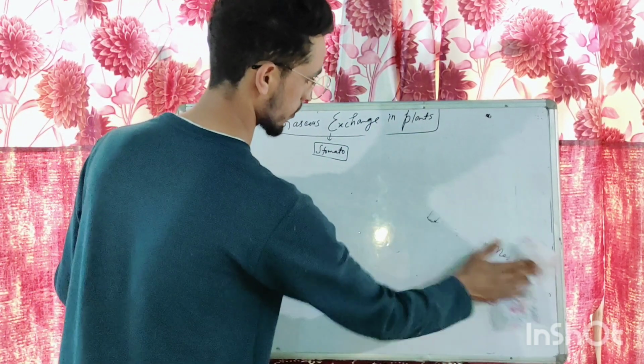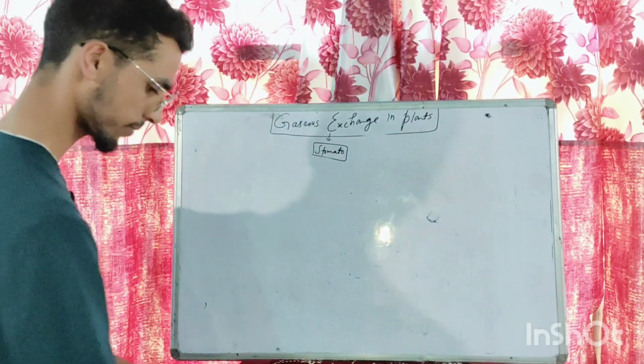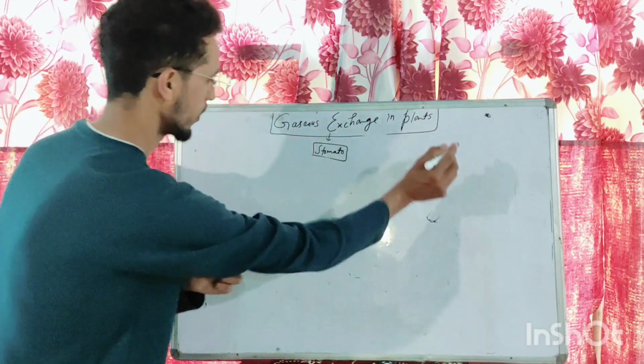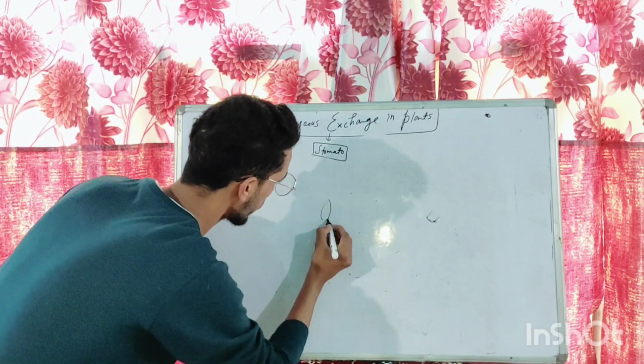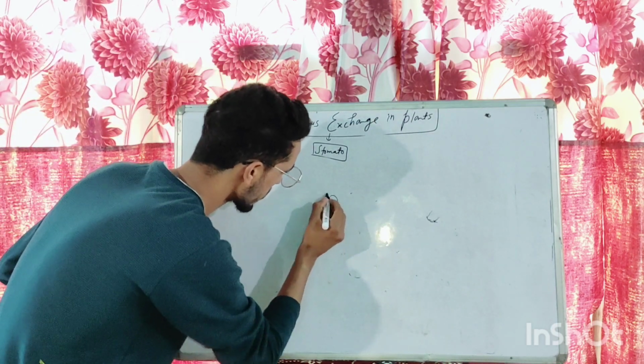In the stomata, there is a stomatal pore. This is the stomatal pore, and it is surrounded by guard cells.